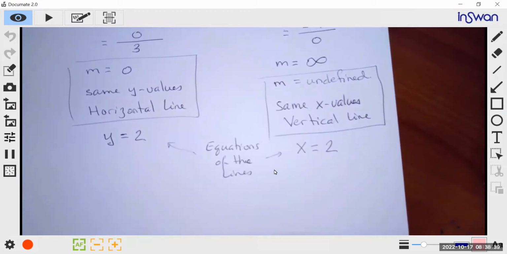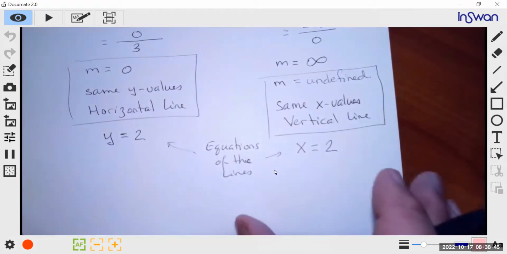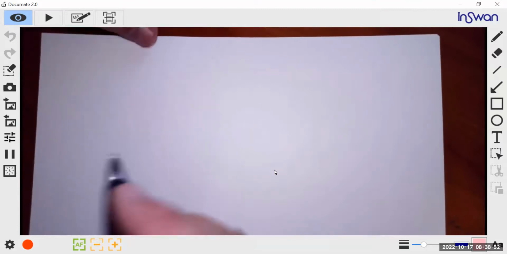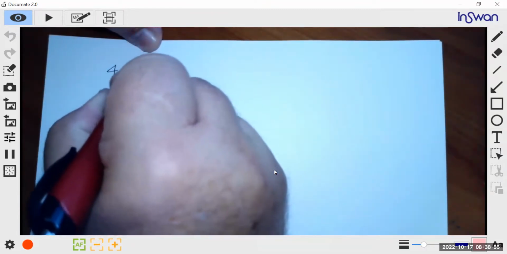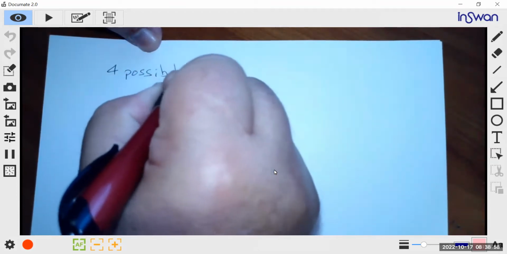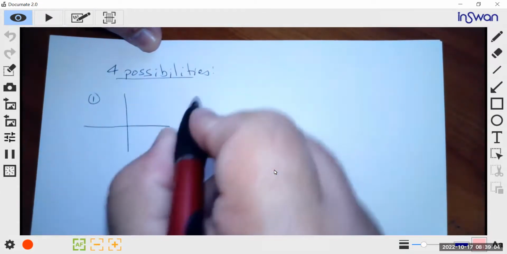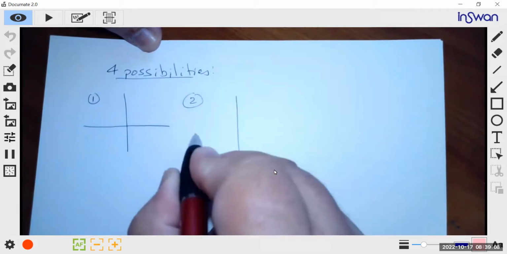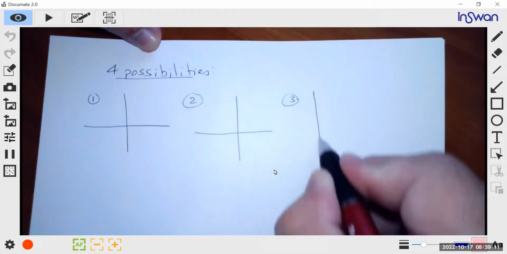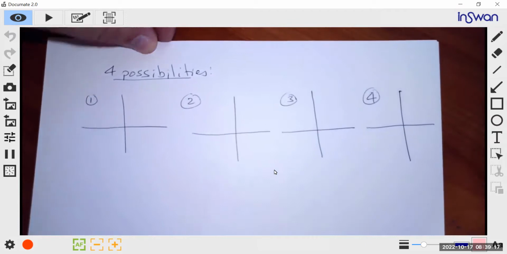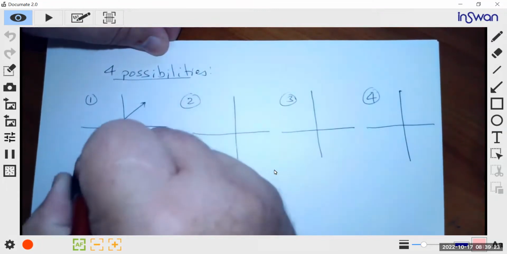So we have 4 possibilities here with slopes. What are they? The first one.